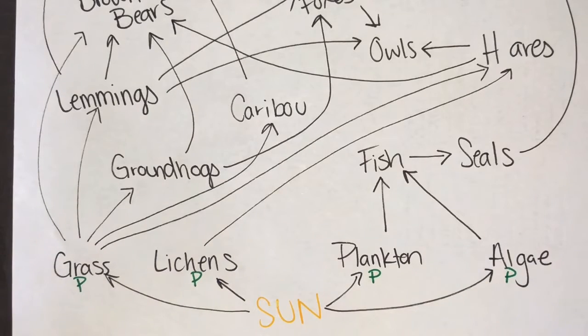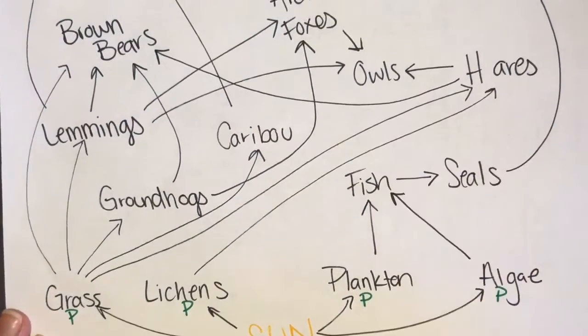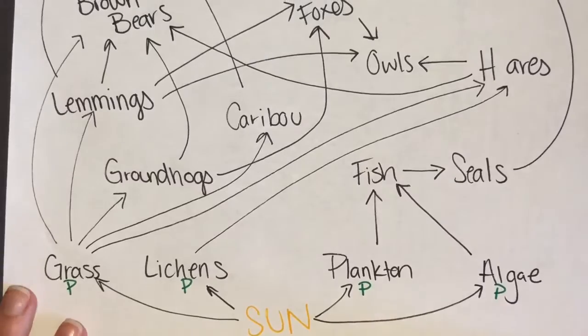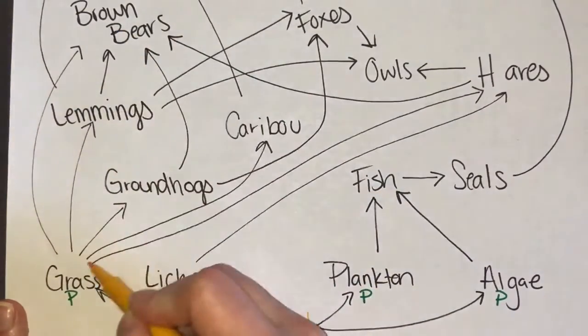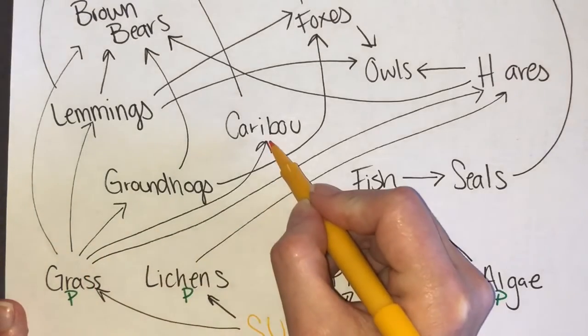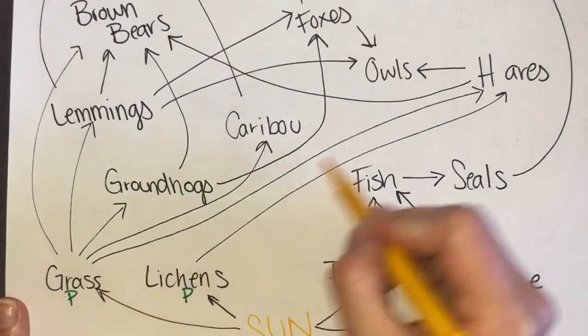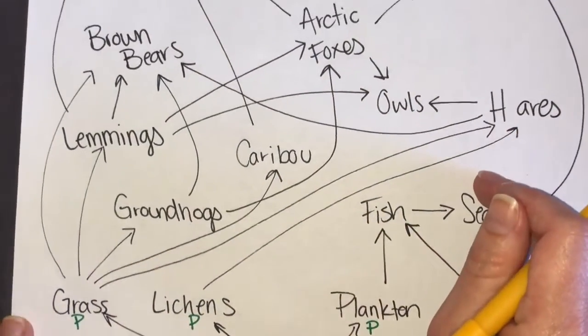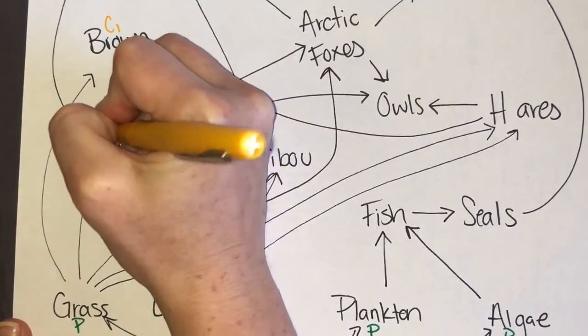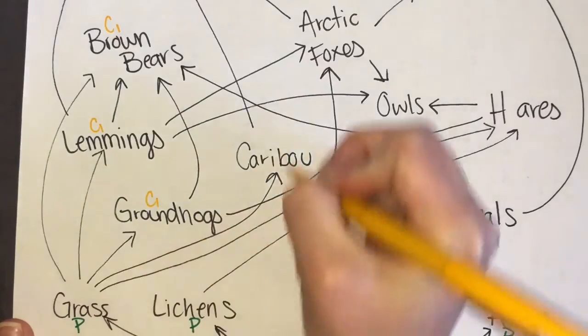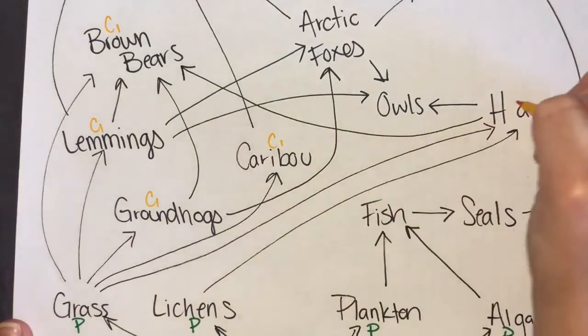Next, I have my primary consumers. Those are everything that eats a producer. So, brown bears, lemmings, groundhogs, caribou, and hares all eat grass. So I'm going to put a C1 next to every one that eats grass.